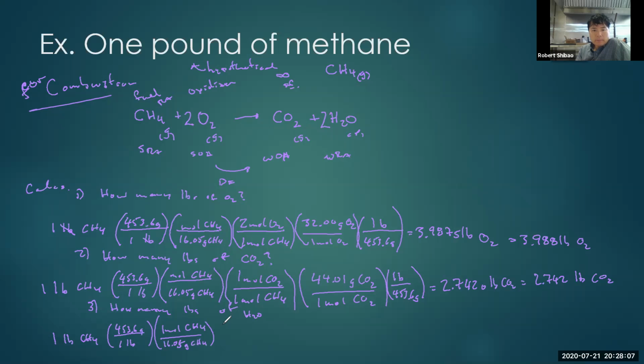And then here is going to be different because I'm going to relate methane and water. I see it's 2 moles of water are produced for every 1 mole of methane that's combusted. So that takes us to moles of B. And we'll go from moles of B to grams of B. So water's molar mass is 18.02 grams per mole.